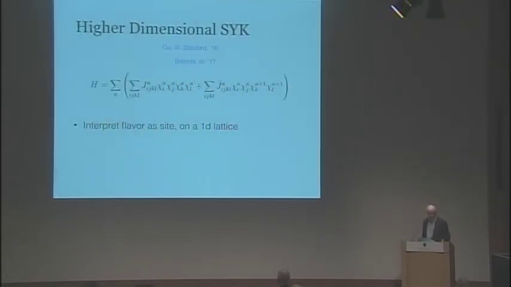There are higher dimensional versions of SYK in which one takes this quantum mechanical model and puts it on different sites on a lattice in 1, 2, 3, whatever number of dimensions. One then gets chaotic models which can transmit information along the lattice as well.